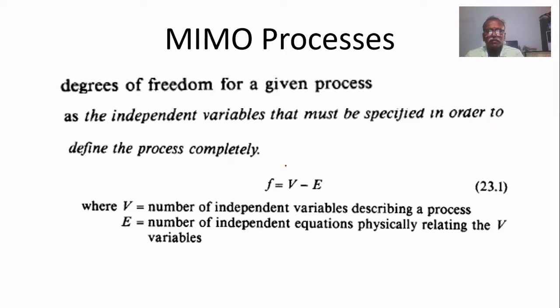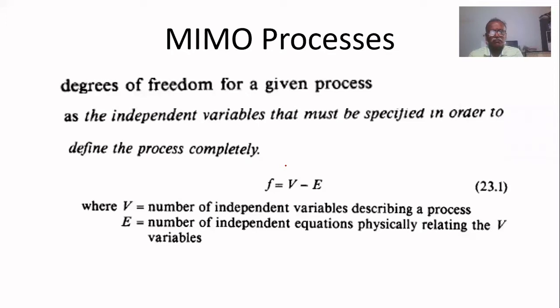If a process has more than one input and more than one output, then the process is called MIMO process. But each loop in the MIMO process can be seen as an independent SISO process, single input, single output process. That way only we can tune each loop. That is a different story.